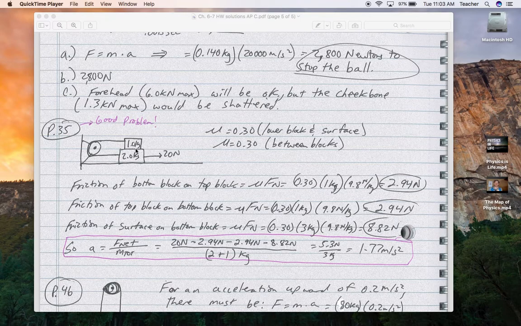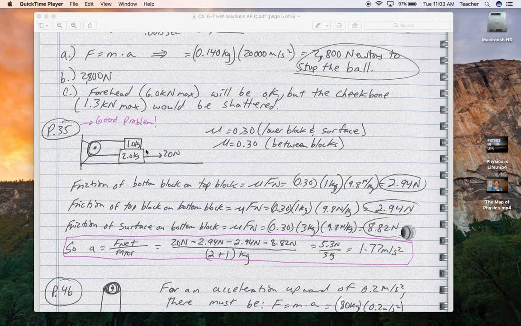The friction force is 2.94 newtons. So essentially, this bottom block is acting against the top block with 2.94 newtons of friction. But because of interaction force pairs, this top block isn't just interacting with the ground, it's also interacting on the bottom block. And it is opposing the bottom block's motion with 2.94 newtons.